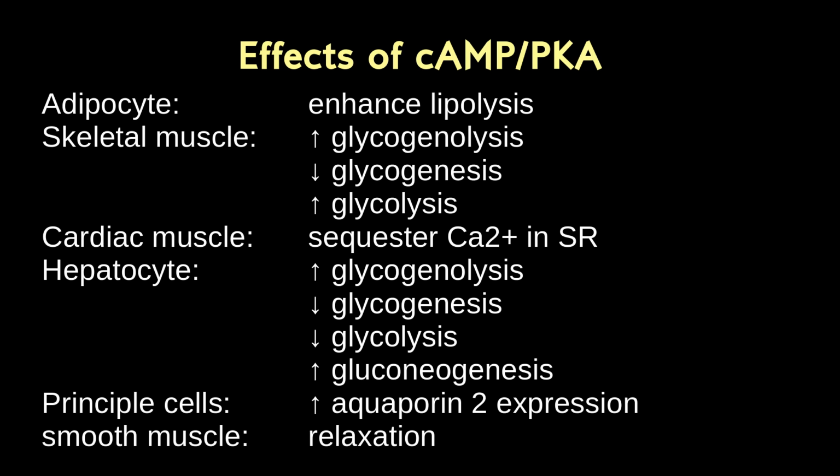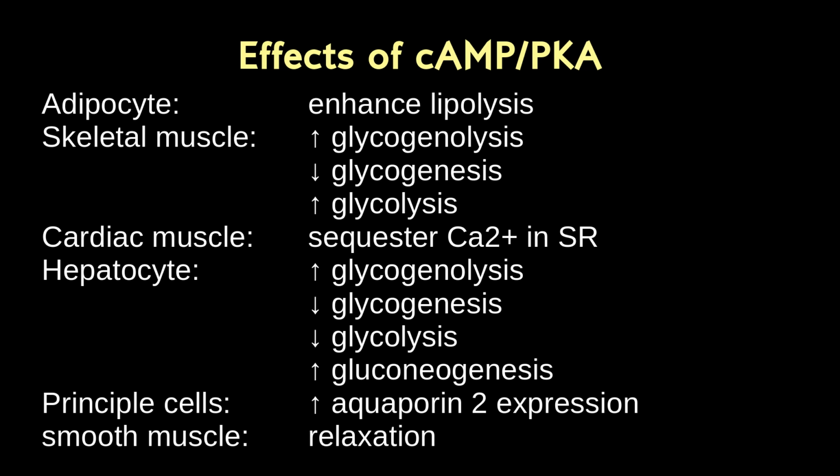And generally these tend to be, well, actually let's just read down these. So in adipocytes, you're increasing lipolysis, the breakdown of fats. In skeletal muscle, you're increasing glycogenolysis, or the breakdown of glycogen. You're decreasing making glycogen, and you're increasing glycolysis, the ability to make energy. In cardiac muscle cells, you're sequestering calcium in your sarcoplasmic reticulum.